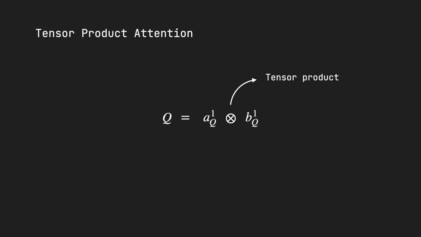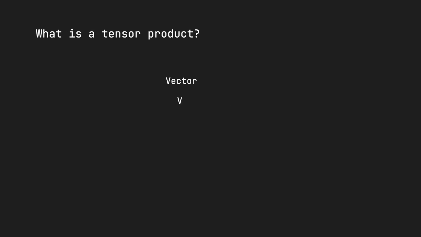It's basically an object that is invariant under a change of basis. So let's look at what a tensor product is. Imagine you have two vector spaces. One vector space is V, which has a finite basis of m dimensions. Another vector space W has a basis of n dimensions.